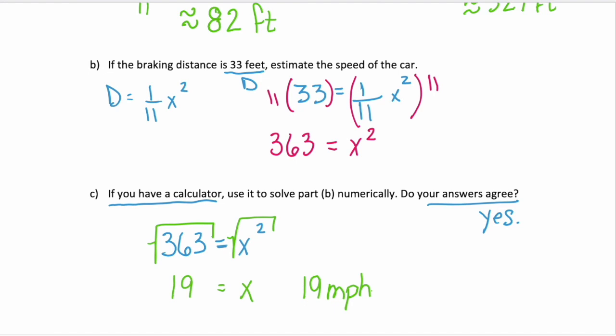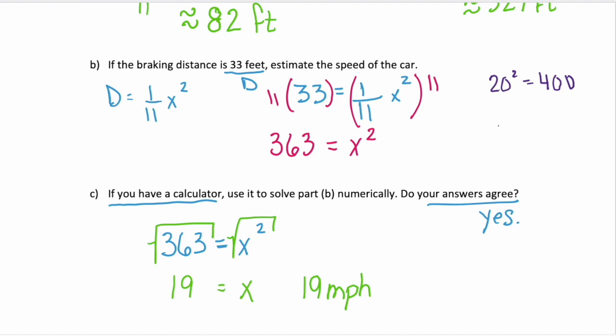Now, what the book and my math lab were probably expecting you to do for part B is trial and error. So pick a number and check. So what you would do there is you would say, well, I know that 20 squared is 400.